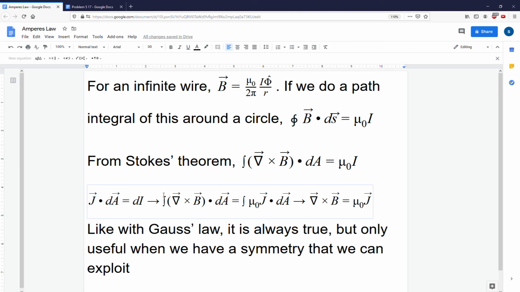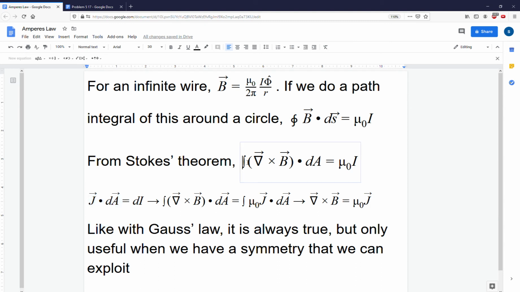And this, by the way, is why I've mentioned a couple times that I is technically not a vector. J is the real vector in this case, and I is the result. I does have a kind of hand-wavy direction. But getting back to this, J dot dA equals dI, which means that if we integrate this over area, we would get a certain current.